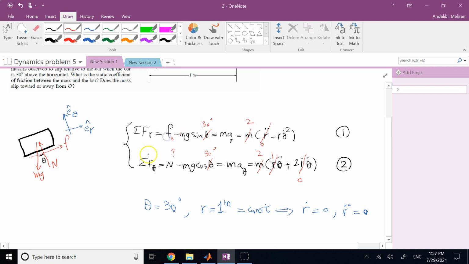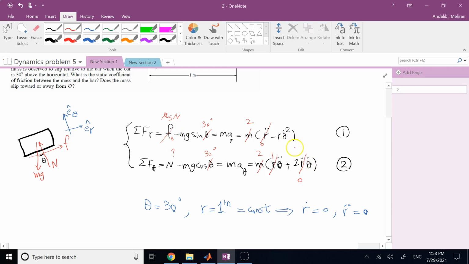Clearly this is a static friction when it has not slid yet, and of course at 30 degrees it is doing the best it can to keep the object in place, so it is generating the maximum static friction. So Fs is going to be mu s times N. So it's not just another unknown.